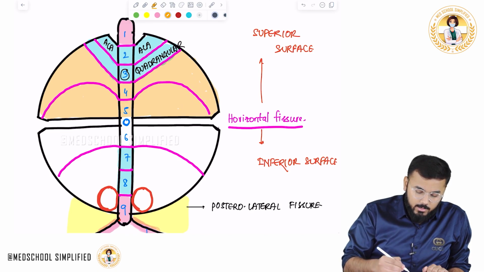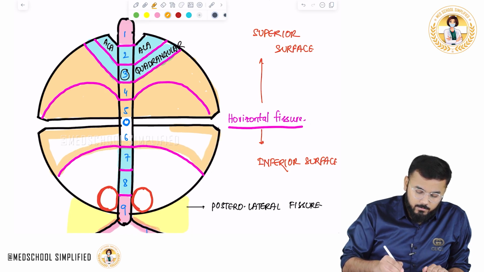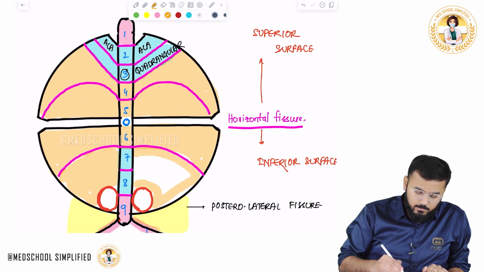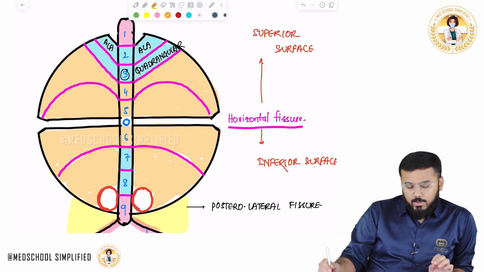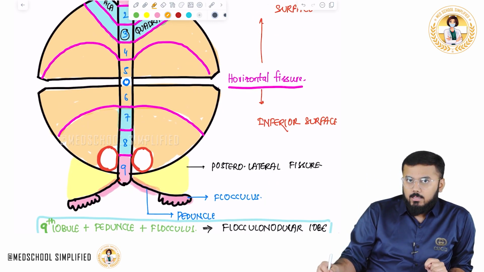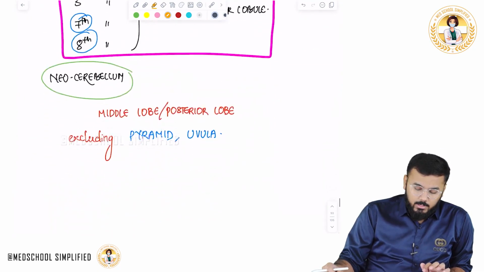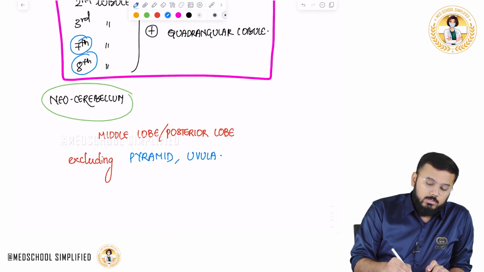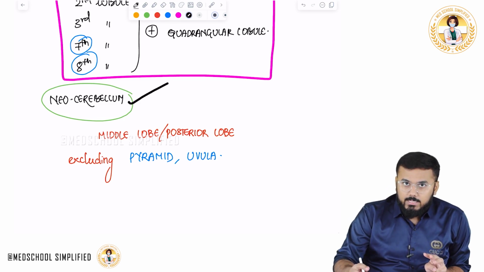This entire part, and here also, this entire part over here. So this entire part which I have highlighted right now, leaving the 7th and 8th, is what is called your neocerebellum. So these are the three important cerebellums which you need to know.